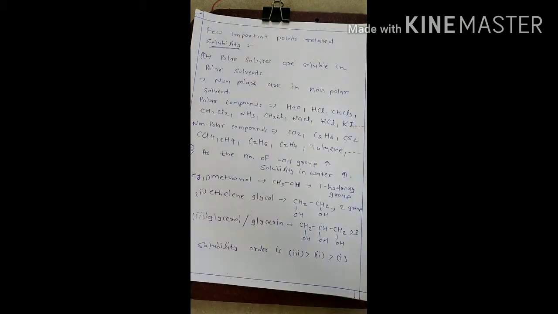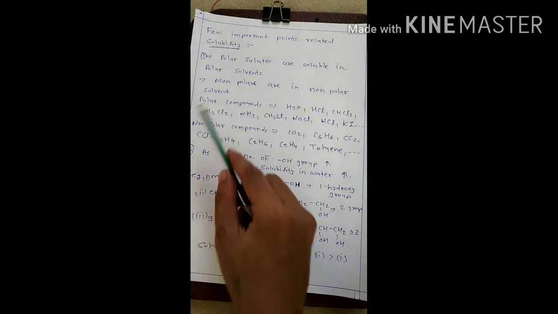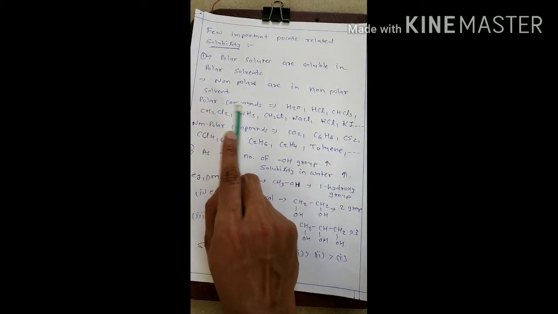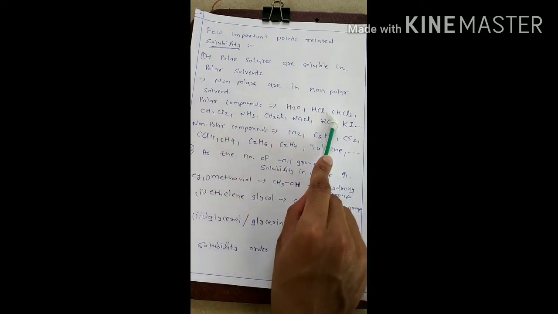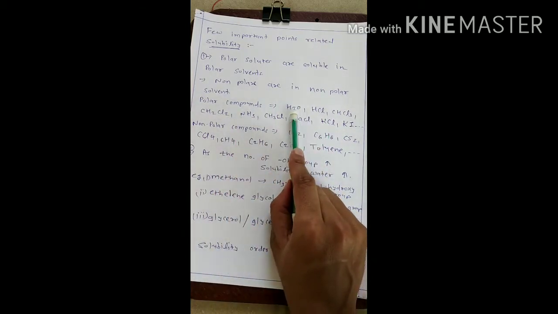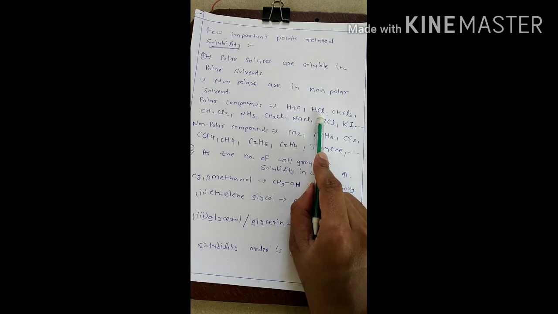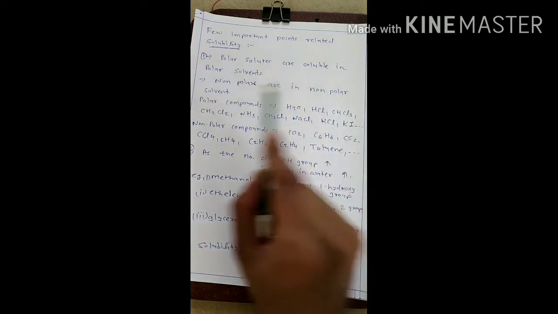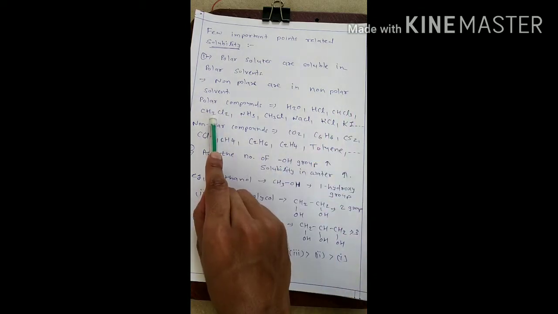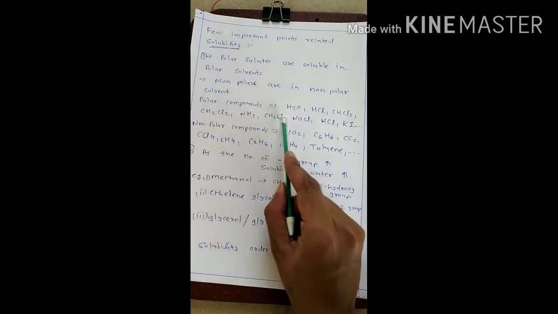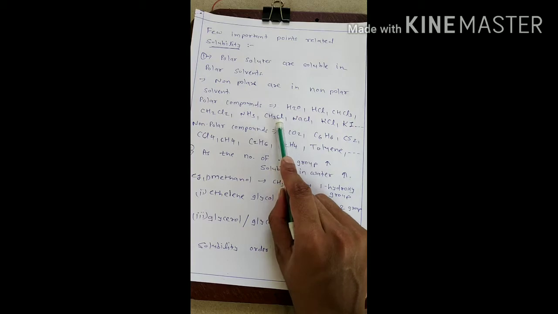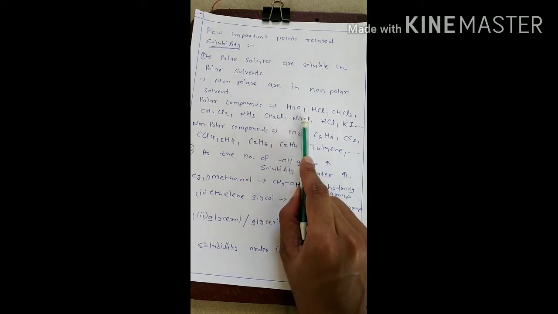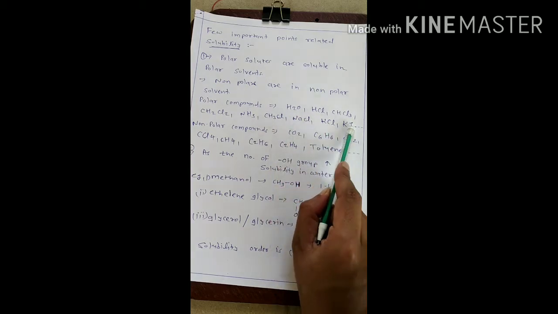Okay. Now I am speaking out the names of these compounds. Listen to me carefully. Polar compounds: water, hydrochloric acid, chloroform, dichloromethane, ammonia, methyl chloride, sodium chloride, potassium iodide.